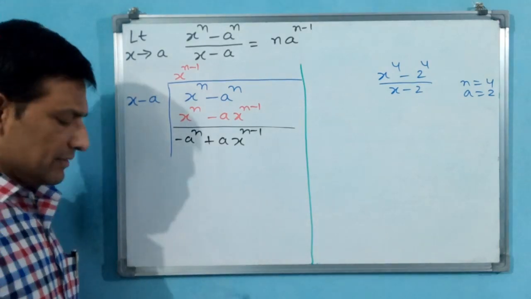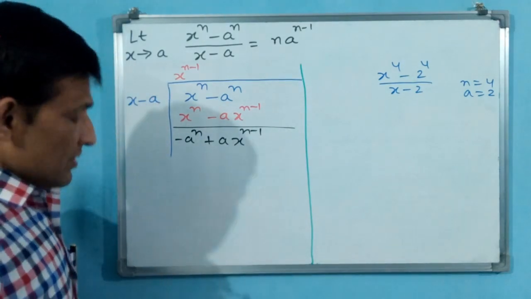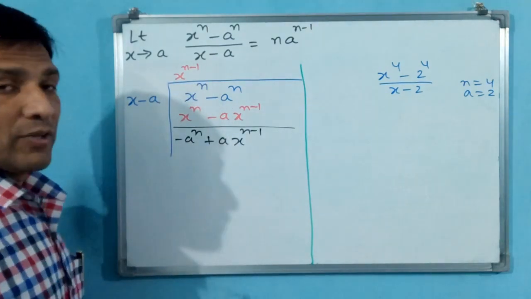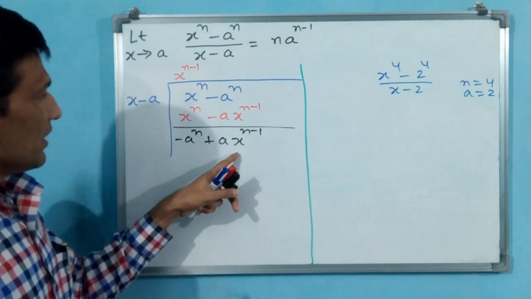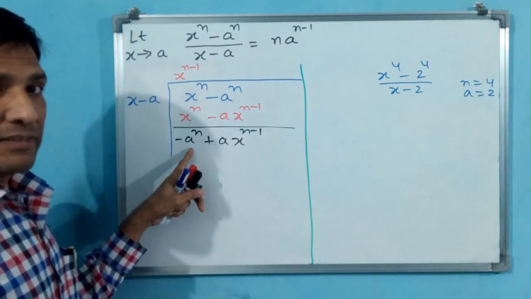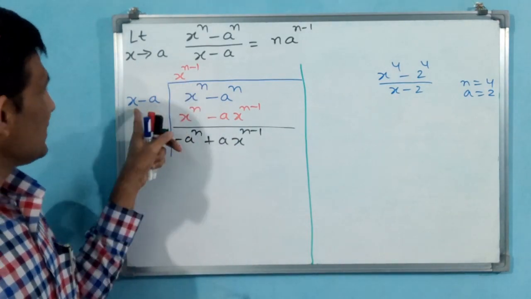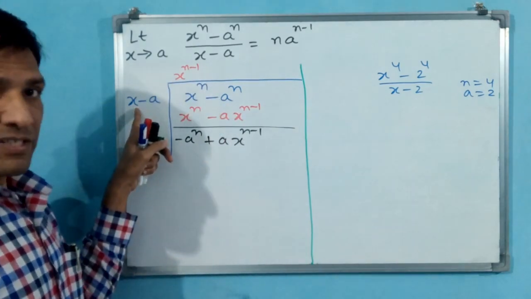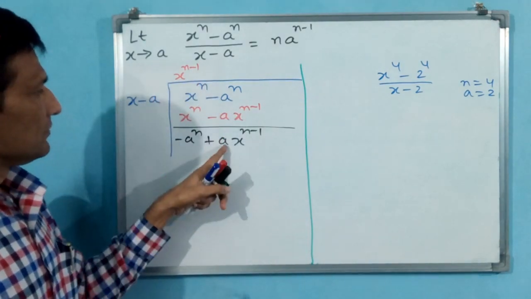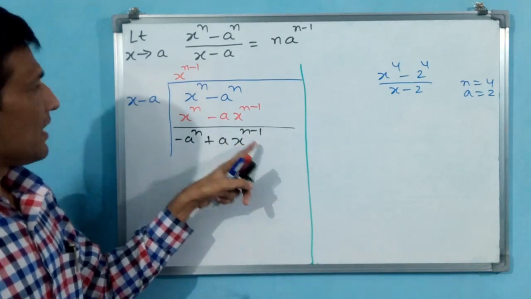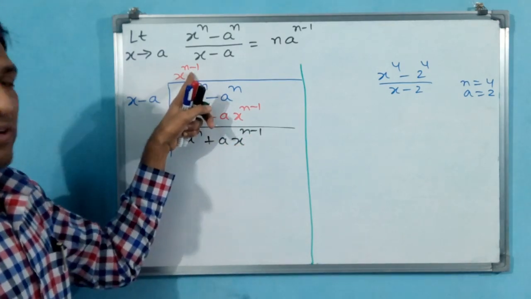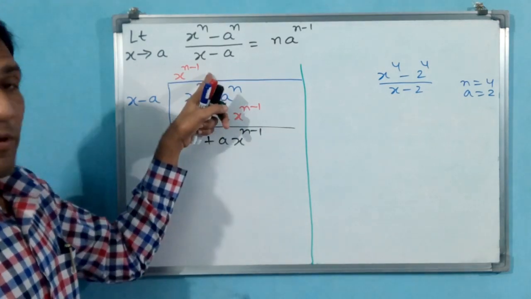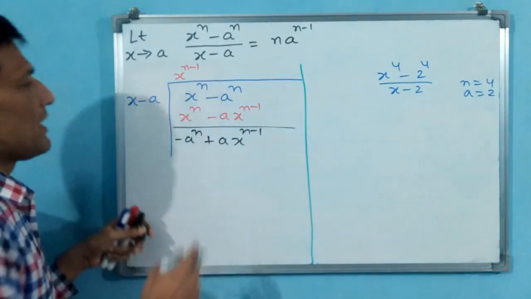Is it okay? See, for the next term, what do we have to write at the top? You tell me. Now see, don't look at a power n. You see this x. Why? Because you are multiplying x. If you multiply first with x, then x power n minus 1 will come. Earlier x power n was there, now n minus 1 is there, so x power n minus 2 you have to write.